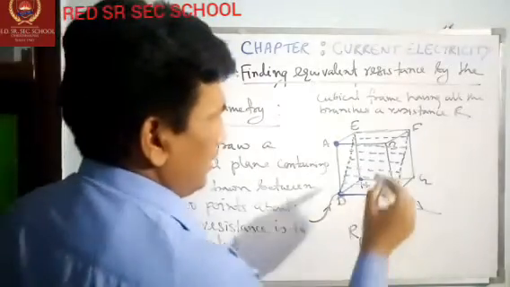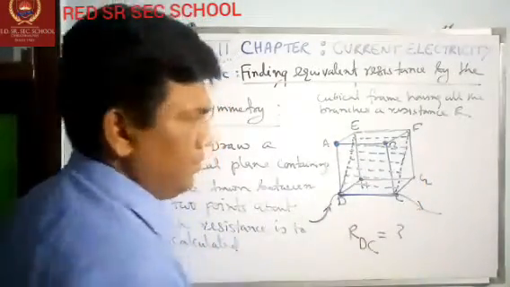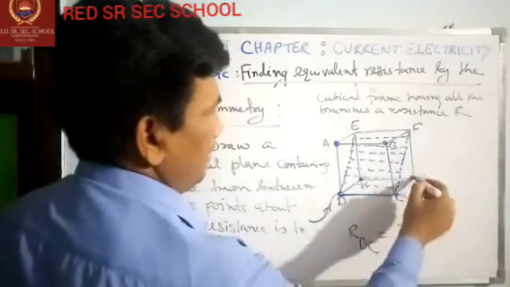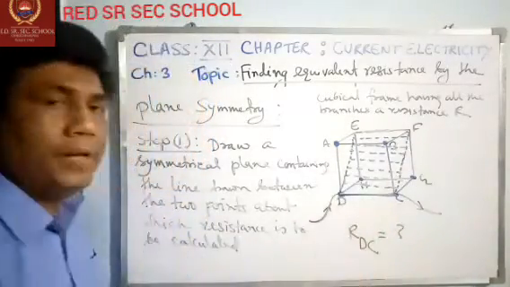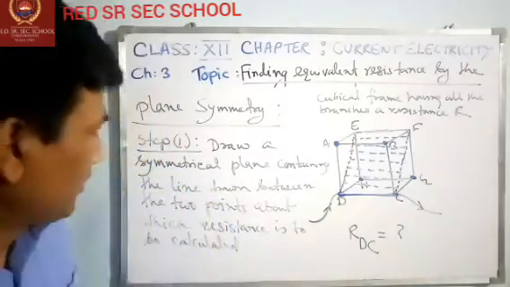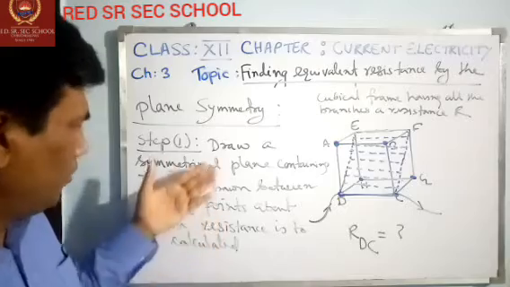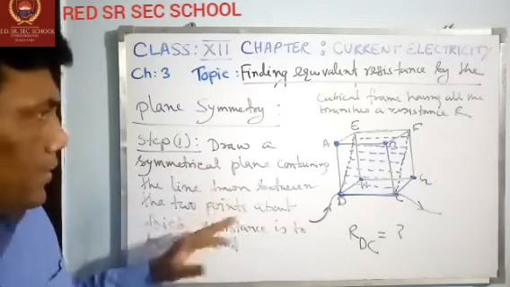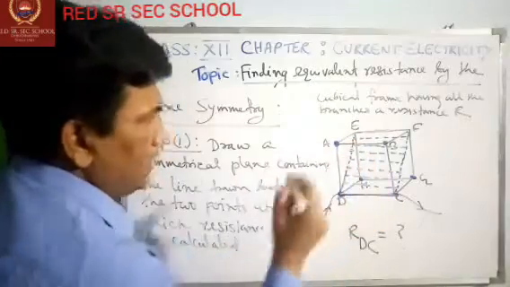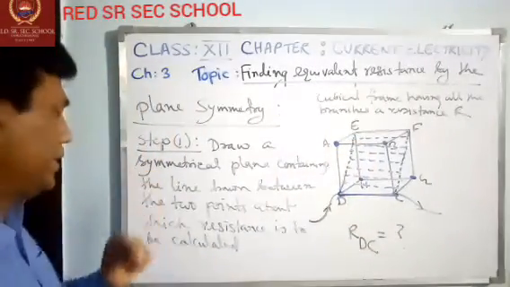Then if B is the object, what is its image? Z. Very good. For B, Z is the image. For A, H is the image. So what we need to conclude from this? Conclusion is that the object and the image are at the same potential.